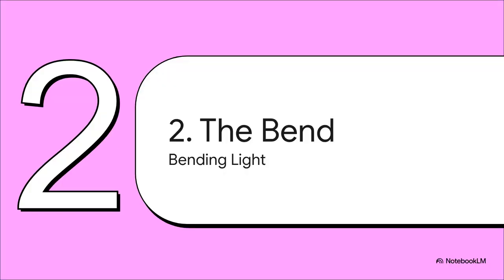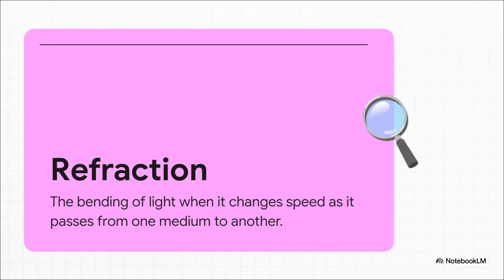Okay, so our light ray has bounced, but what happens when it hits something it can actually travel through, like water or a piece of glass? Well, that brings us to the second part of our little ray's journey, the bend. This bending is called refraction, and it happens because light literally changes speed when it moves from one substance, or medium, into another.